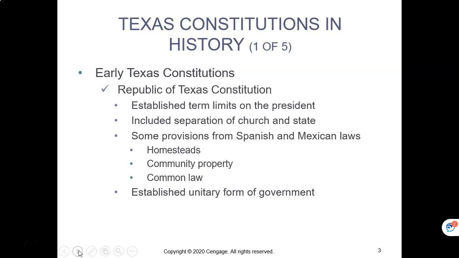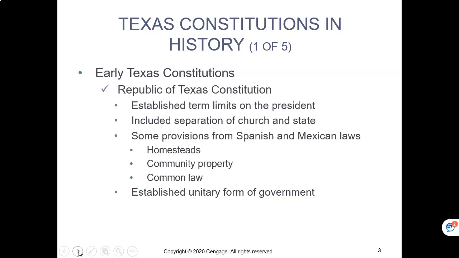And Stephen F. Austin actually went to Mexico City to try to plead the case of Texas. They just wanted some separate recognition, some separate representation. They did not want to be combined with Coahuila.